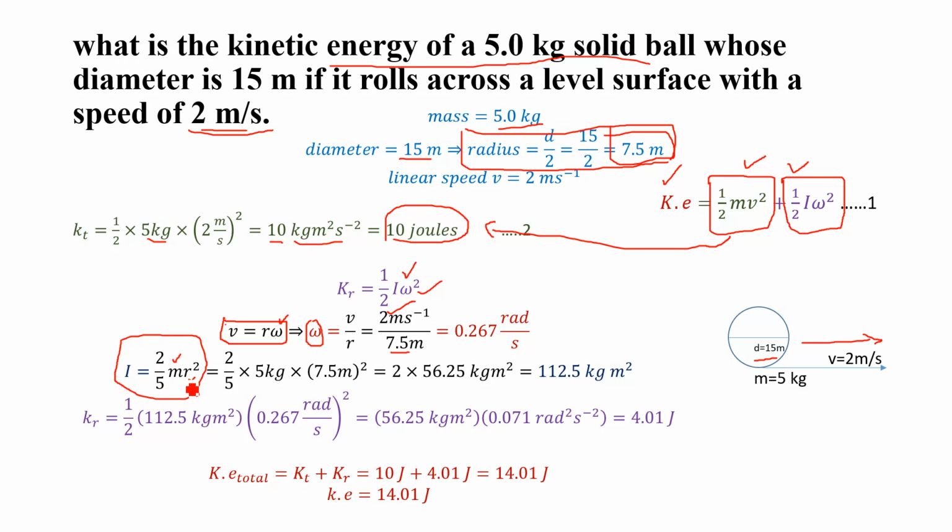So substituting the values for mass and radius, we will get 2 divided by 5, multiply by 5, and then multiply by 7.5 meter and taking whole square. This 5 will cancel out with this 5, and taking square on 7.5 we will get 56.25, and kilogram is here, and this meter will become meter square.